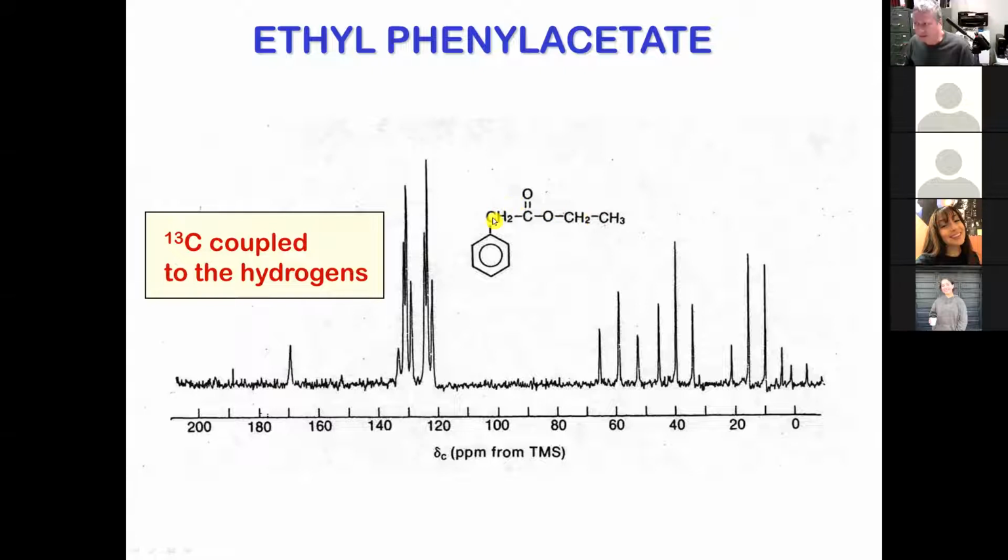And then we have a CH2, a CH2, and a CH3. The nice thing you can see, though, is, oh, it looks like we have a triplet and a quartet. Why would that be? Oh, because we have a CH2, a CH2, and a CH3.